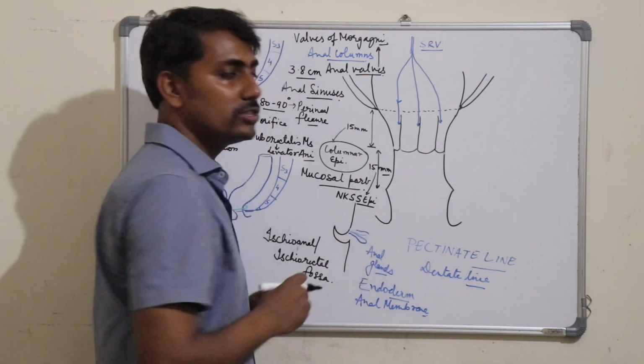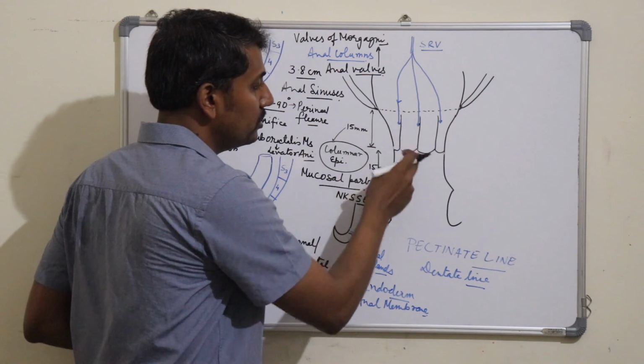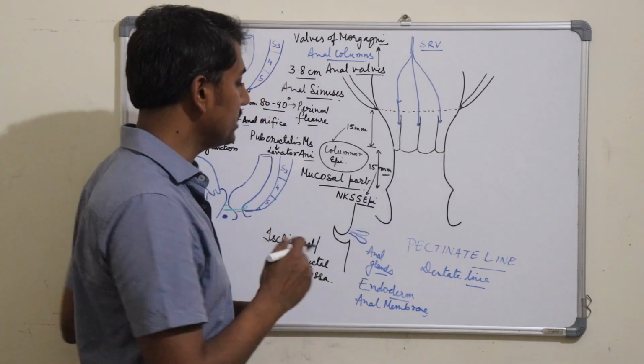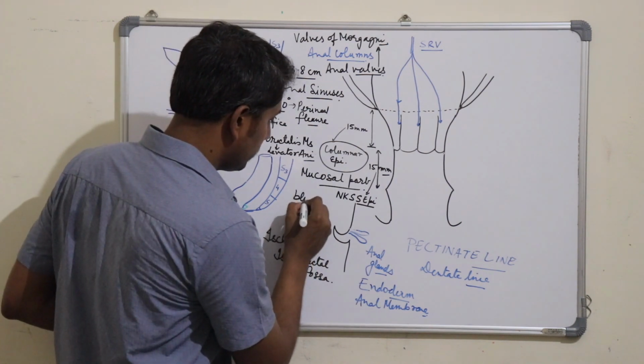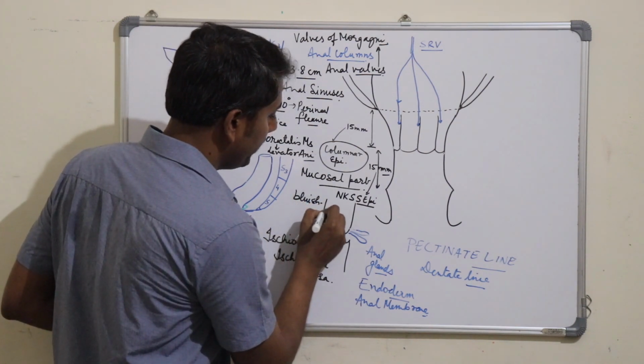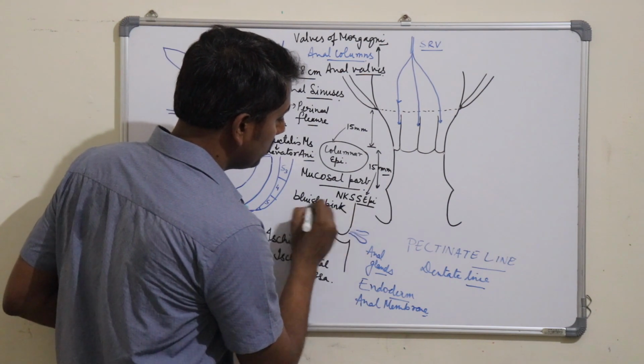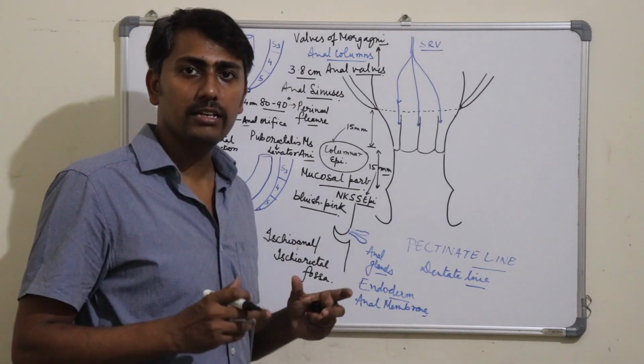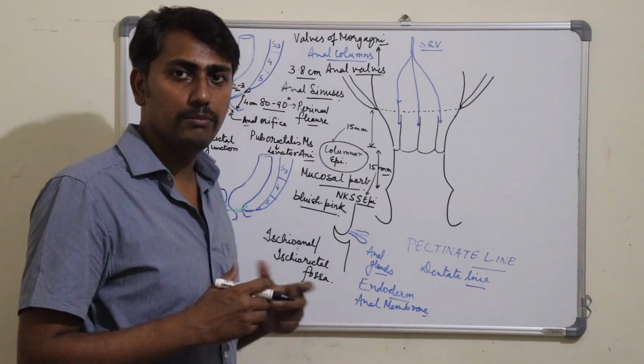This part does not have these mucosal folds and it is bluish pink in color, which is due to the presence of underlying venous plexus below the mucosa.